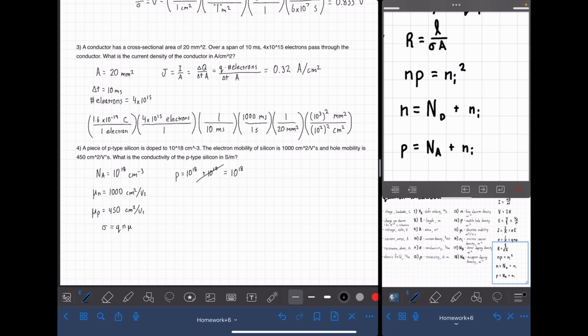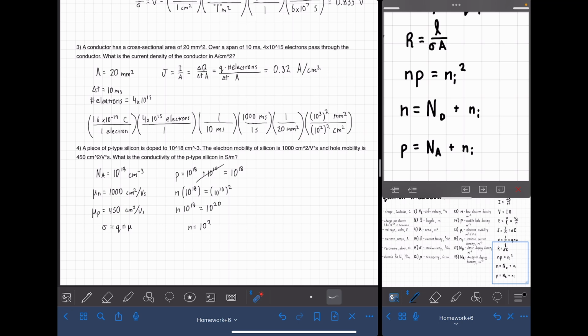And our n we can solve from there: n times 10 to the 18 is equal to n i squared, and for silicon the intrinsic density is 10 to the 10. So n times 10 to the 18 is equal to 10 to the 20, which means n is only equal to 10 to the 2. So we barely have any mobile electrons in this p-type silicon.